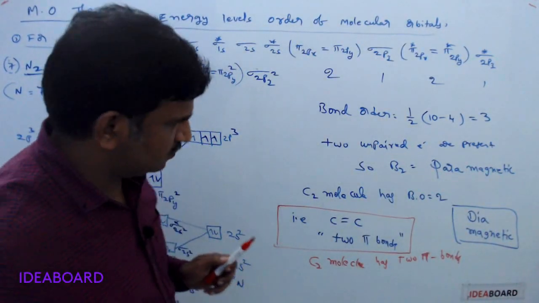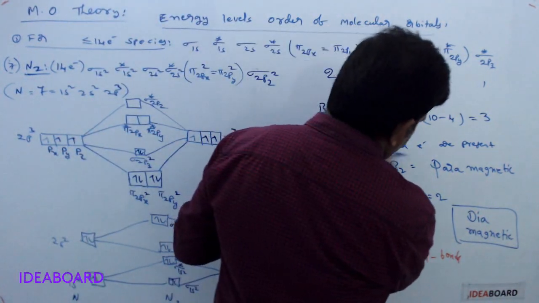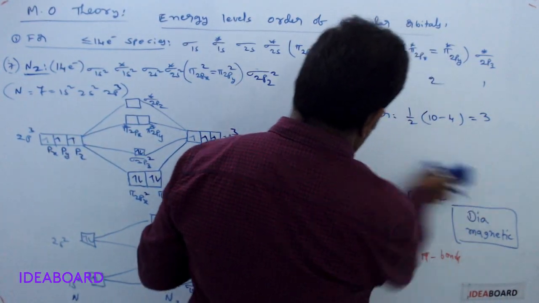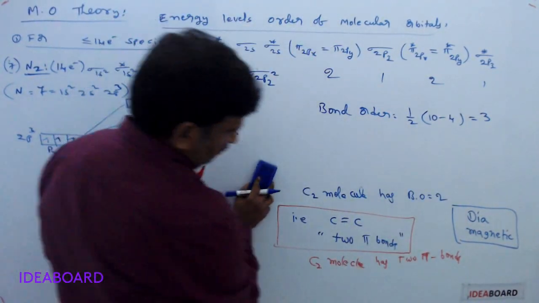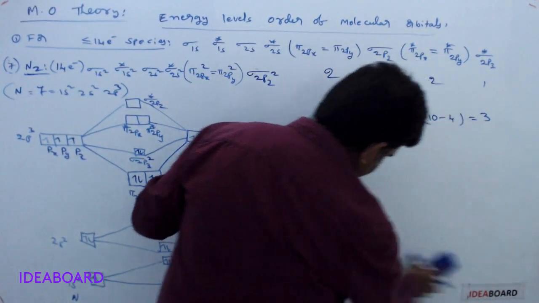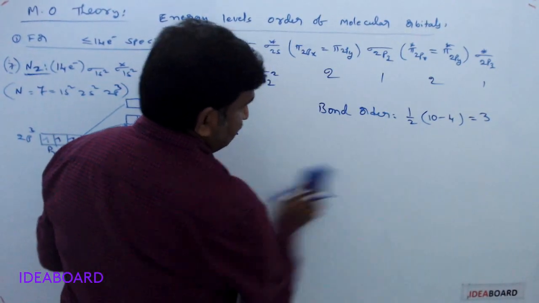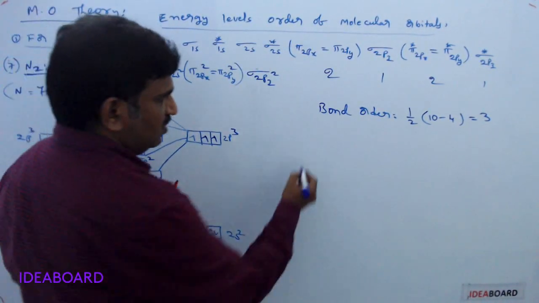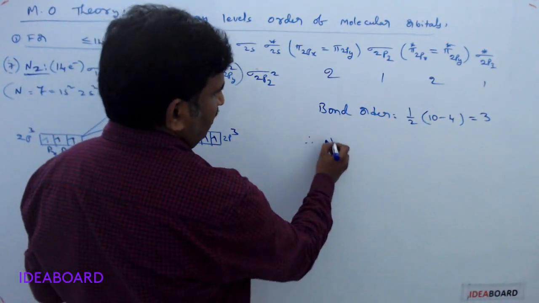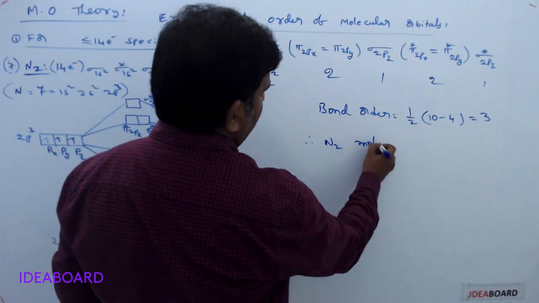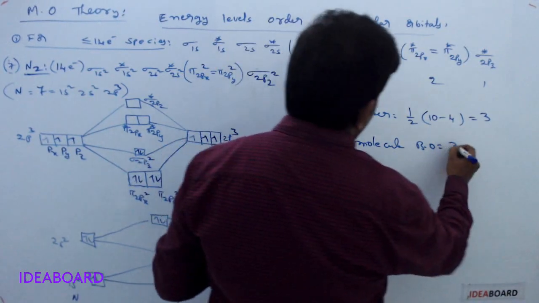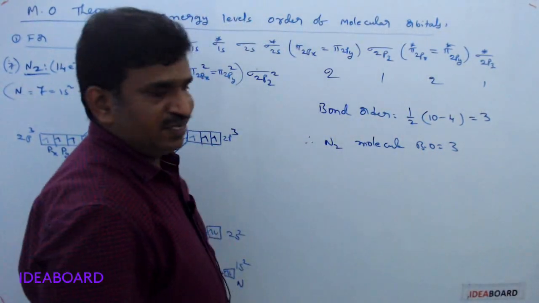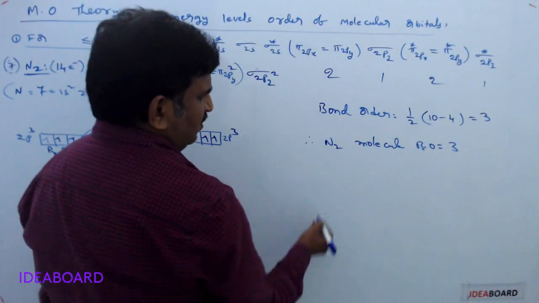Therefore, N2 molecule bond order is equal to 3. N2 molecule bond order is 3.